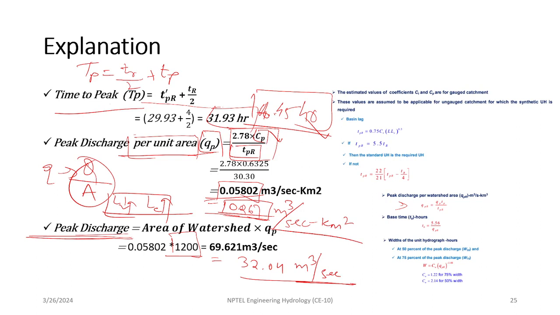We were given information related to a watershed A. We tried to compute the coefficients using the duration of the rainfall or basin lag, and then we followed a reverse process and computed the unknown parameters, in the sense I am talking about the peak discharge.